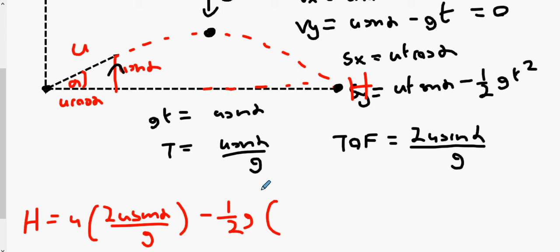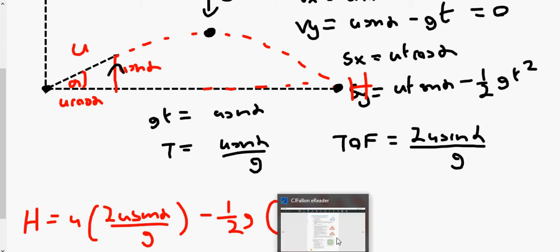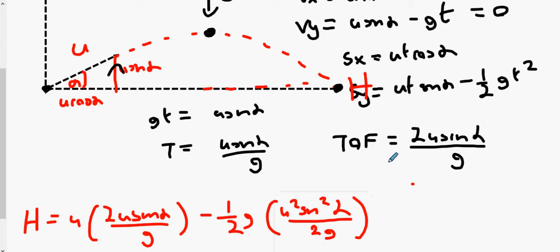Now t squared is u squared sine squared alpha over g squared. Sorry, square this one, and g squared on the bottom. Sorry, I was just skipping the next step.